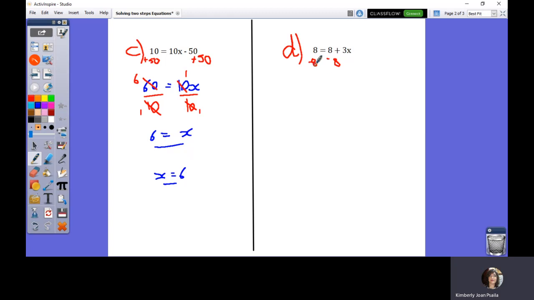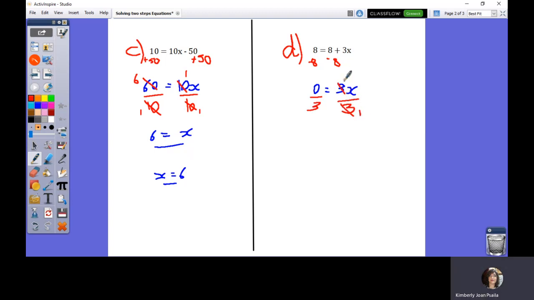So we are left with 8 minus 8 gives us 0, is equal to 8 minus 8 gives us 0 as well. I'm not going to write anything. And positive 3x. Now to get rid of that 3, I have to divide both sides by 3.